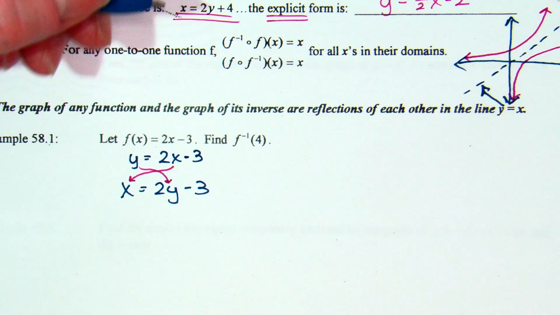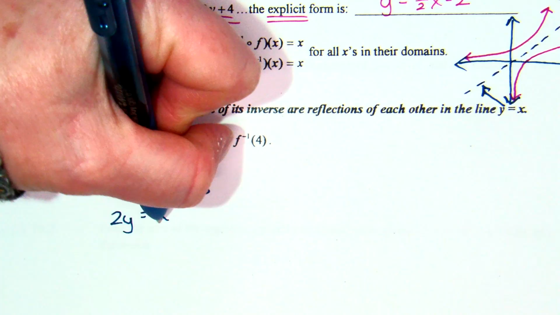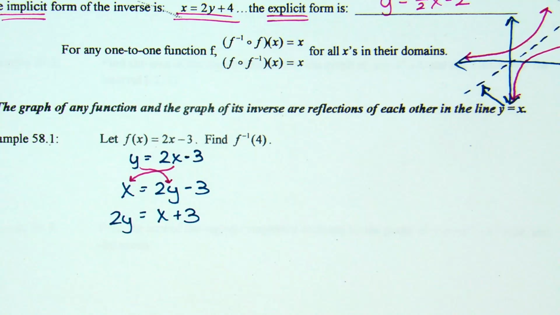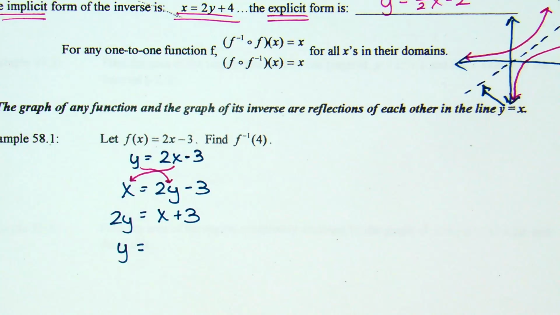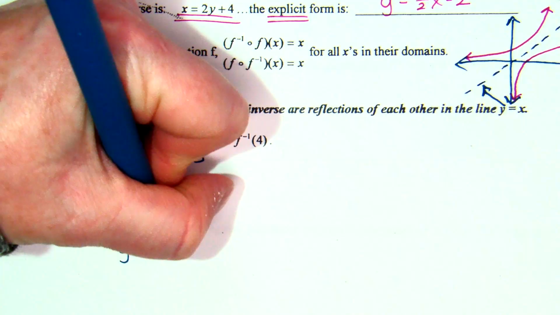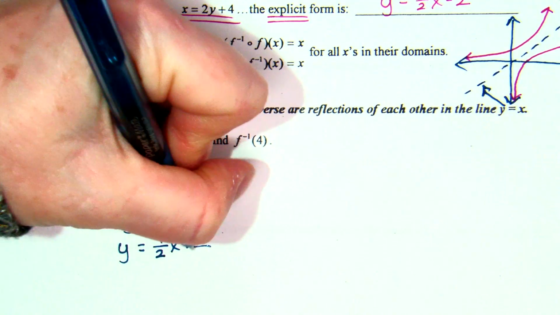So if we're going to solve for y, what did you guys do? Add 3. 2y equals x plus 3. Divide by 2. Y equals 1/2 x plus 3/2.